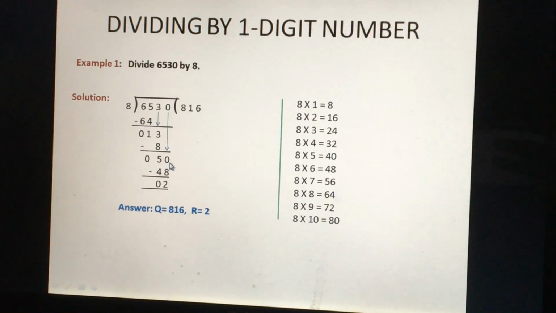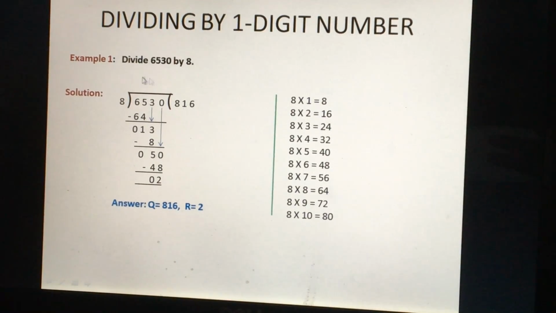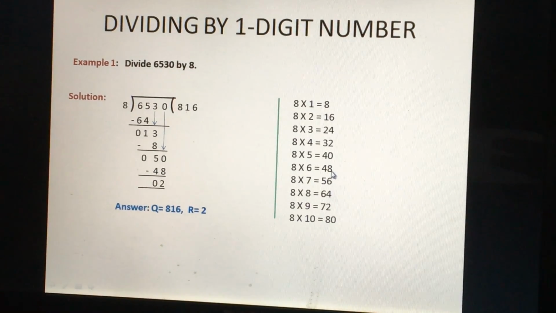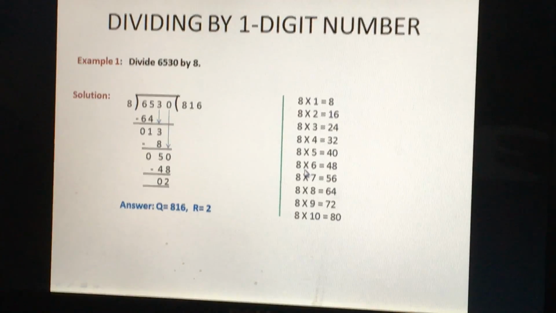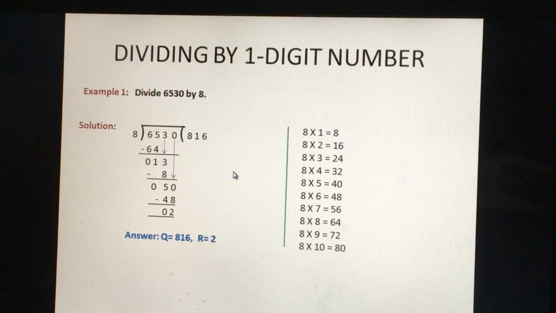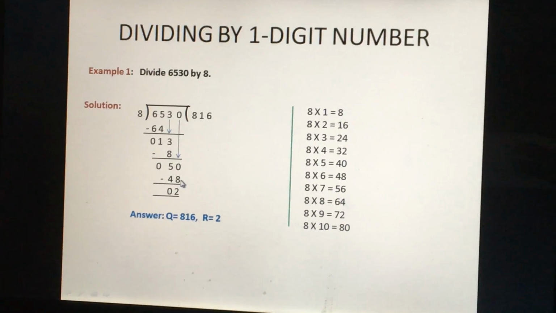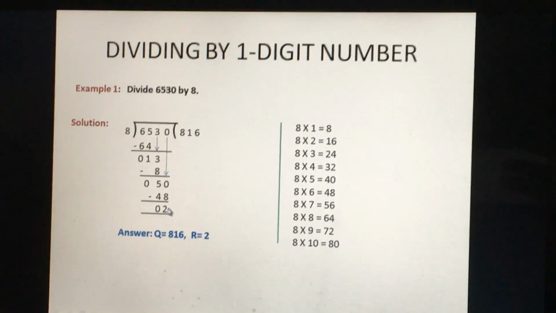Now we have to find a number in the table of 8 which is less than or equal to 50. 50 is not there, so we will take 48, which is less than 50. 8 6s are 48. So we will write 6 here and 48 here. We subtract 48 from 50. What do we get? 2.